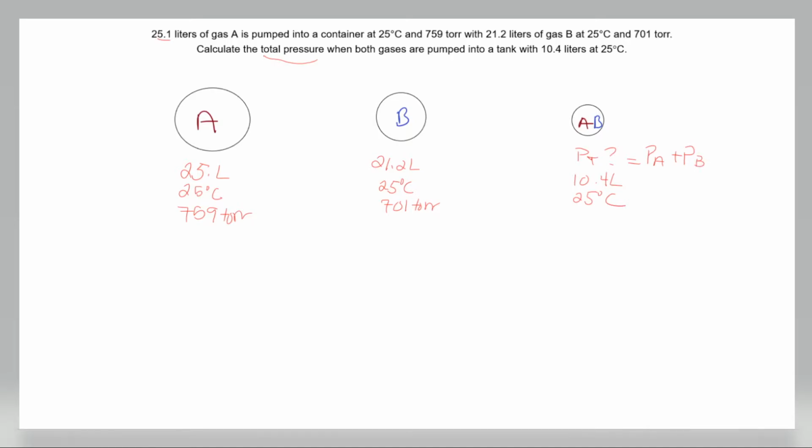So literally, you add together the pressures. But how do you actually figure out the pressures? You need to know the moles of each one, because that's directly related using the ideal gas law. So with that in mind, we can actually do a little math. We have enough information to figure out the moles of each one using the ideal gas law.